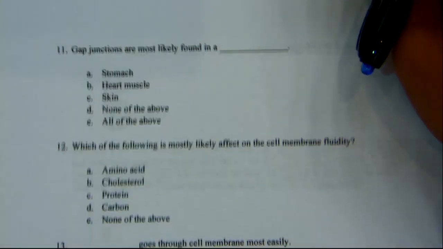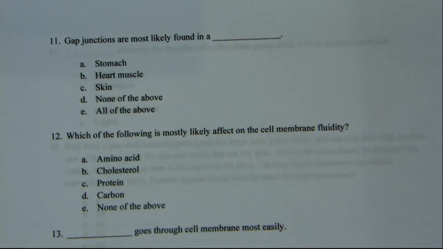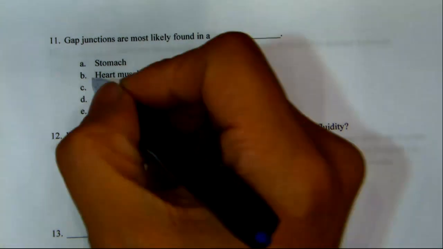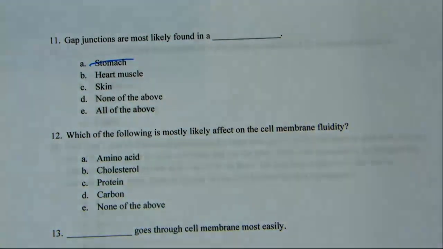So the first one, tight, if you recall, the tight junction make the cells really tight together, so water doesn't leak. So that would be something that you found like in your stomach, right? So what happened if your stomach leak? The acid will come out and it's going to harm us. So the first one definitely not what it is.